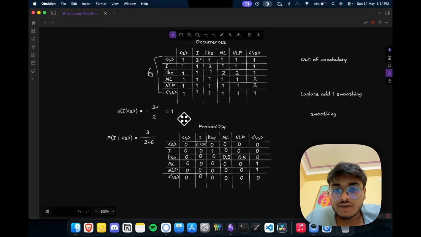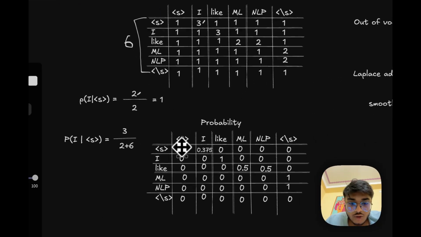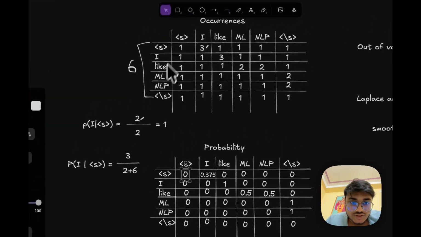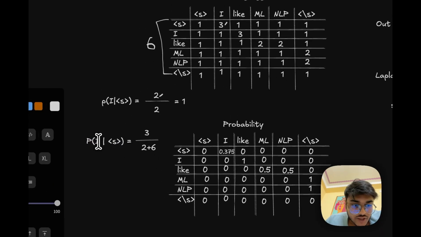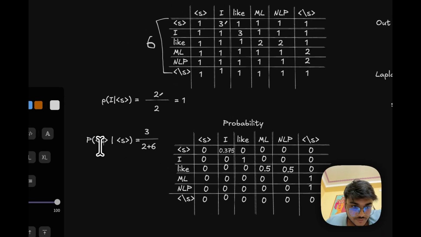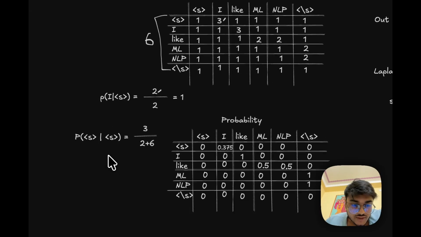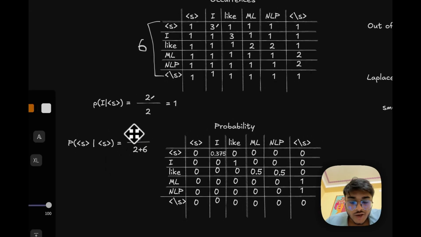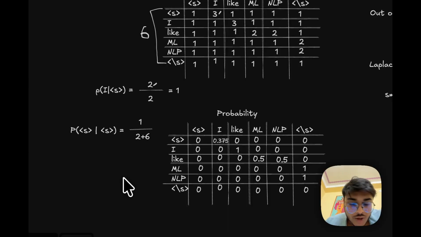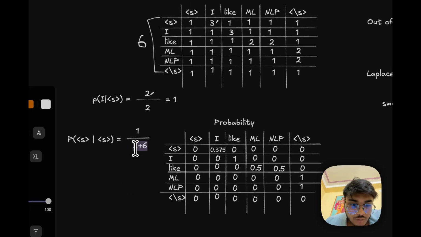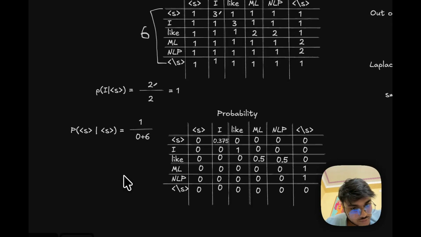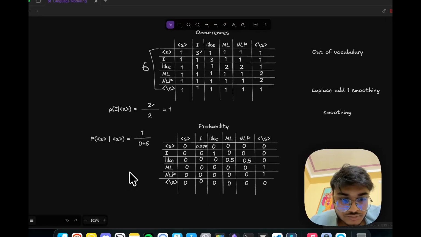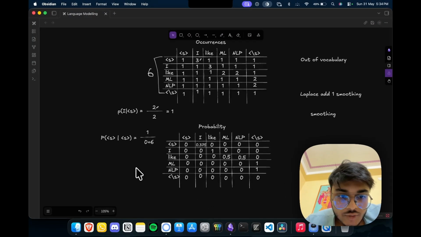The interesting bit is that you have to handle all the zeros. Let's say the probability of s coming before s. To find this, we find the occurrences. The probability of it is 0, because it never came.